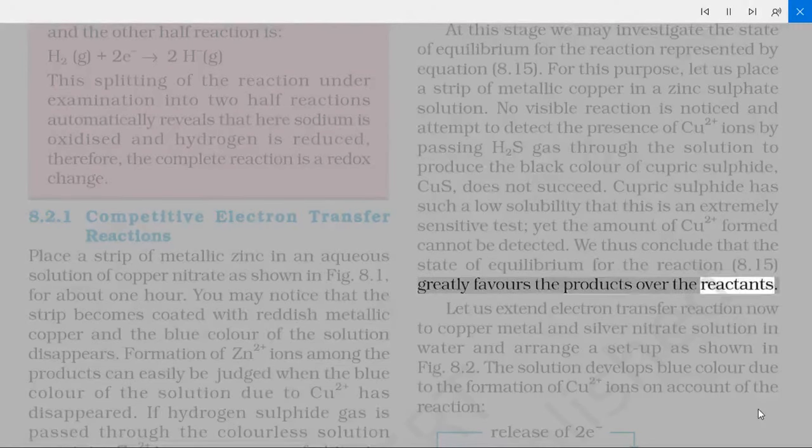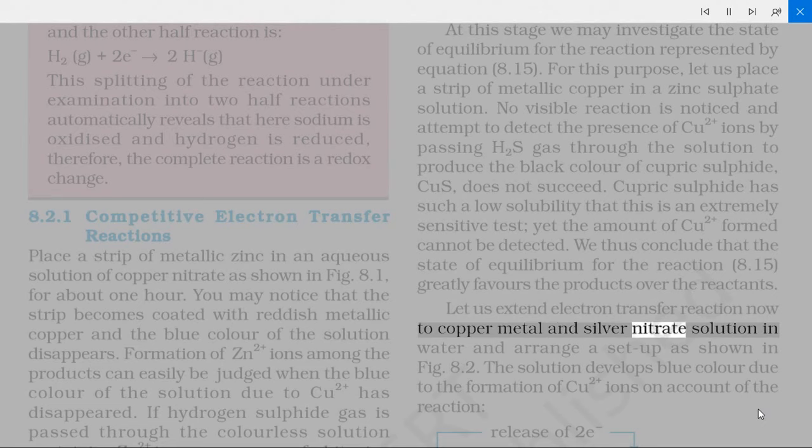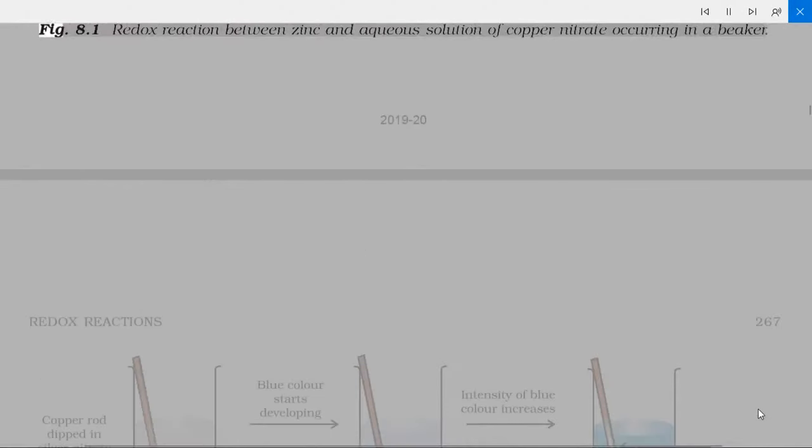Let us extend the electron transfer reaction now to copper metal and silver nitrate solution in water and arrange a setup as shown in Fig. 8.2. The solution develops blue color due to the formation of Cu2+ ions on account of the reaction. Fig. 8.1.